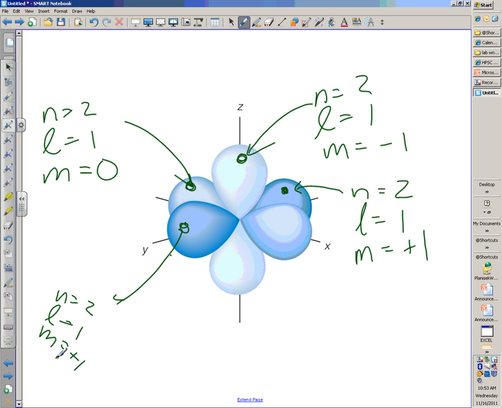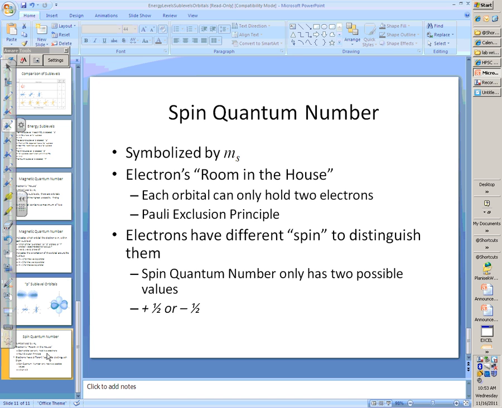These electrons live in the same city, on the same street, in the same house. They're brother and sister, but they're in different rooms. We have to distinguish one room from the other room. Hold on, just enough to the end. This is the last slide, and this one's the easiest one.